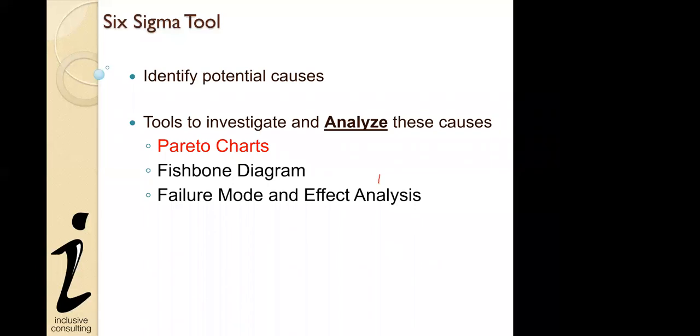Now you want to analyze the problem and see what is causing it and how best to fix it. There are three common tools used in the analysis phase: Pareto charts, fishbone diagram, and FMEA analysis, which is failure mode and effect analysis. We will talk about Pareto charts first in the next 5-6 minutes to give you an example of how this tool is used in Six Sigma.